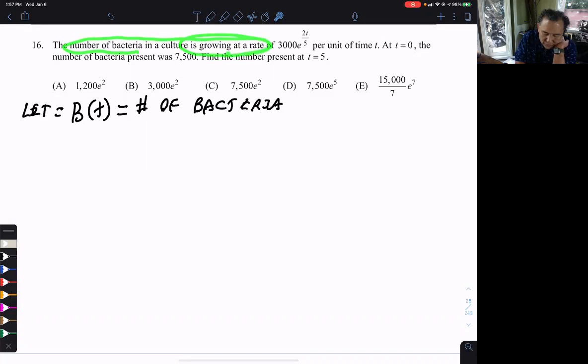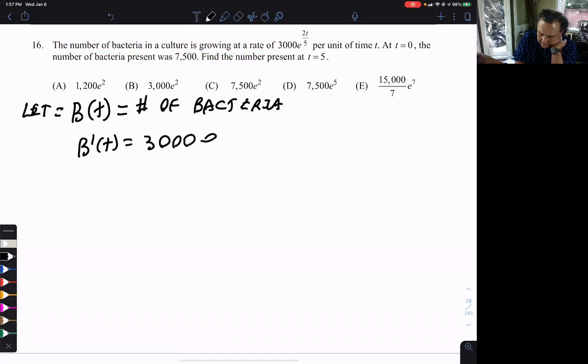So they're telling you the derivative of the number of bacteria is this. That's B prime. That's the rate at which bacteria is growing. They tell us that at t equals 0, the number of bacteria is 7,500. So in other words, when t is 0, B is 7,500.